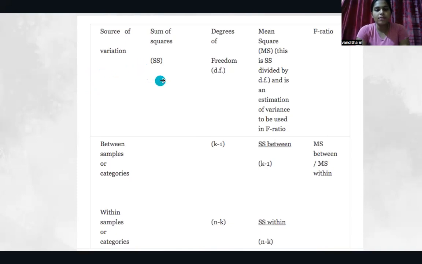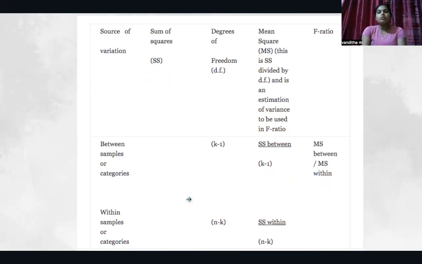In the second column, we have sum of squares, which is denoted as SS. Next, we have degrees of freedom, which is denoted as DF. In the third column, we have mean squares, that is MS. In the last column, we have the F ratio. Here we have between samples or categories, which is denoted as k minus 1, SS between, and k minus 1, MS, which is defined as mean squares.